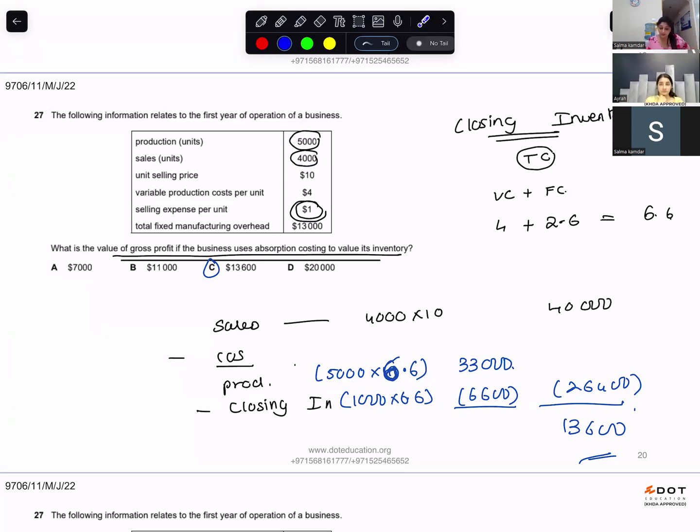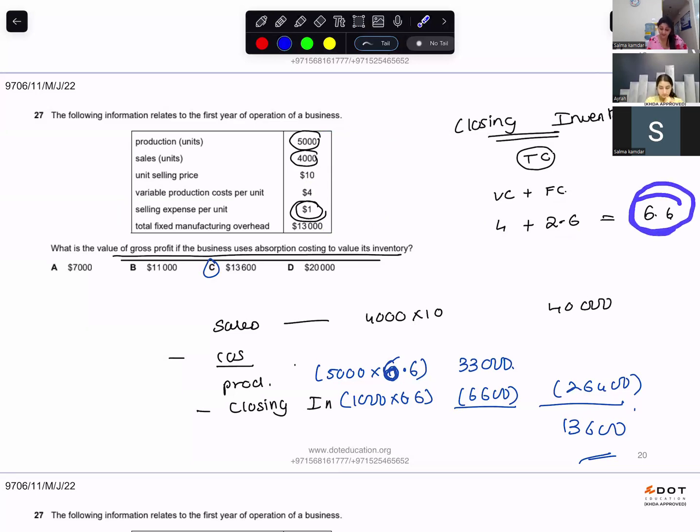Selling expenses are not a part of the cost. So variable cost is 4, and fixed cost is 13,000 divided by 5,000, so fixed cost per unit would be 2.6. Your production and your closing inventory will all be valued at a cost price of 6.6.